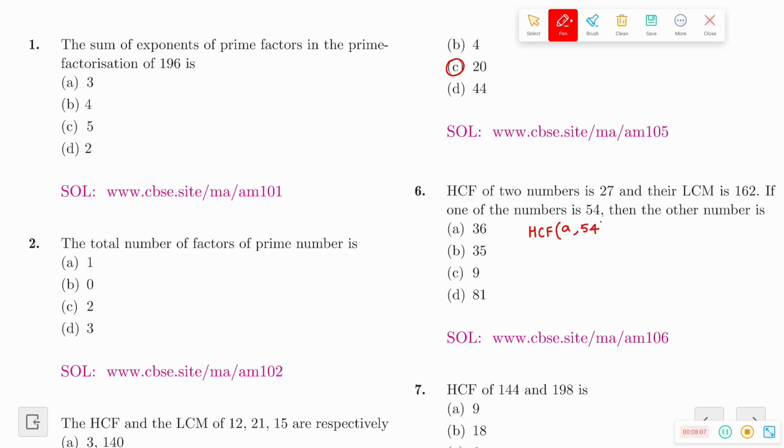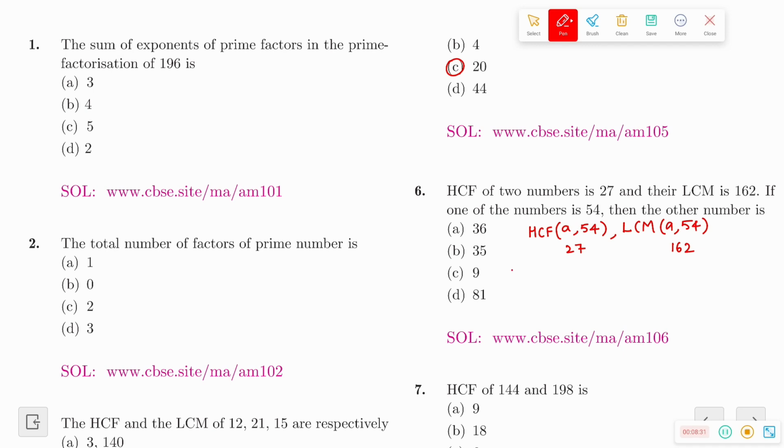We don't know the other number, so let us take it as A. HCF of A, 54 is given as 27, and LCM is given as 162. We have to find that number.